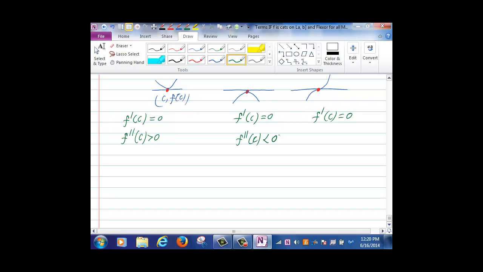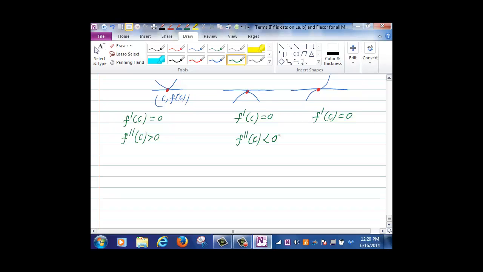So if I have a critical point at c and the function is concave up at c, then I know that I have a local min. If I have a critical point at c and the function is concave down at c, then I have a local max. That's all the second derivative tells us.